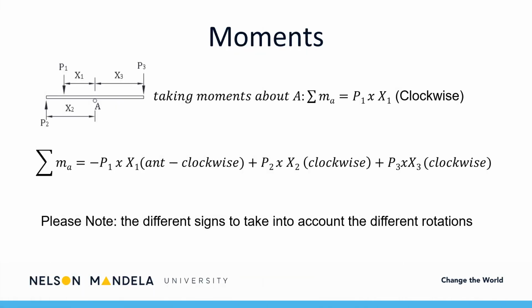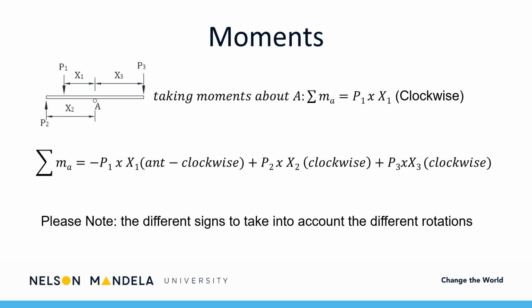Right now we've got three forces, P1, P2 and P3. If you look at point A, the force on the right hand side is P3. P3 is rotating that beam in the clockwise direction about point A. P2 is also rotating the beam about point A in the clockwise direction.